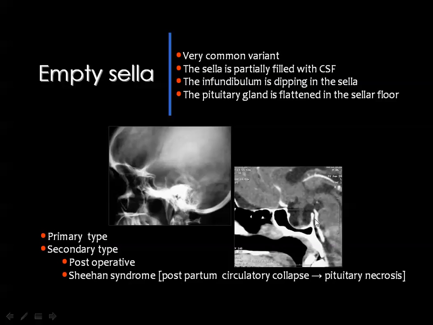The fossa may sometimes be enlarged, and the most important sign for the diagnosis of empty Sella is the identification of the infundibular stalk dipping inside the Sella below the level of the posterior clinoids.